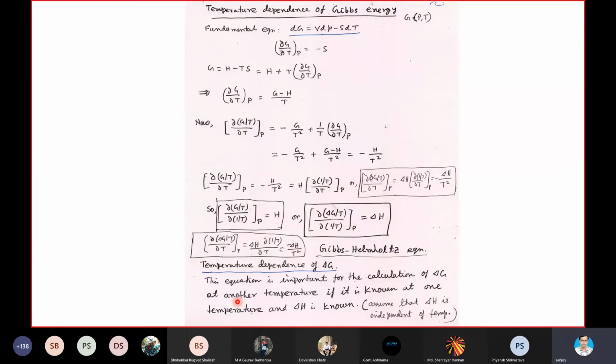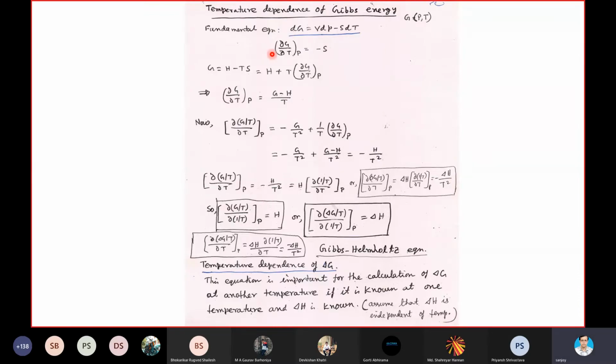Suppose I tell you that at 300 Kelvin this is the Gibbs energy change, and I ask you to find delta G at, say, 50 Kelvin, assuming that delta H is constant and equal to some value. From these expressions you'll be able to find delta G at the new temperature. That is why it is important for finding the temperature variation of Gibbs energy change for any process. So these are the so-called Gibbs-Helmholtz equations.